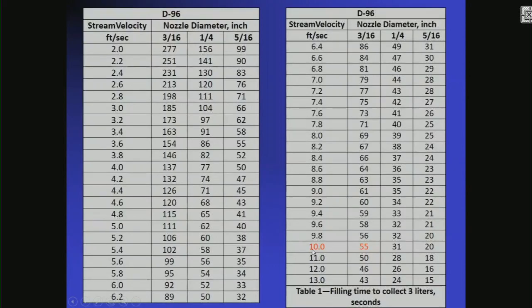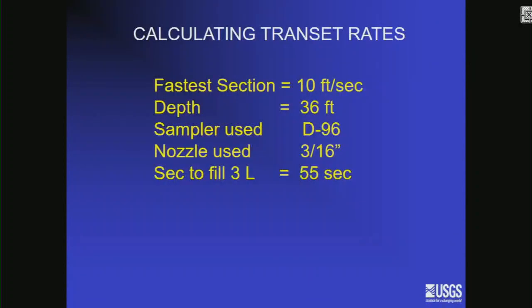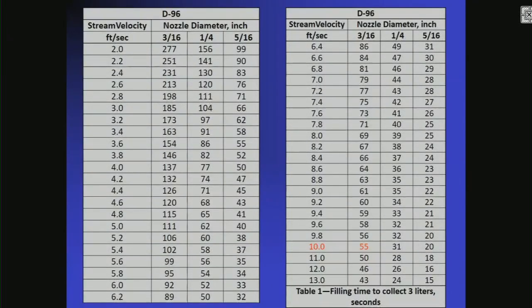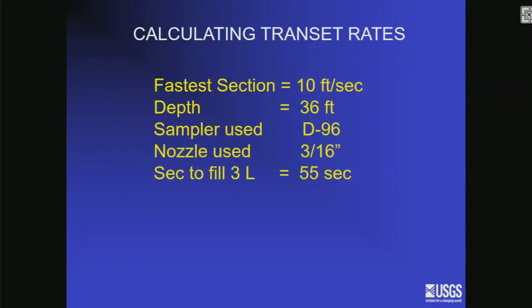Or if you had a discharge measurement and you had velocities, you could take that velocity directly. So it took, at this section, 55 seconds to fill up my 3-liter bag at this deep, fast section. So I have a pretty good confidence that my velocity is around 10 feet per second based on that time.